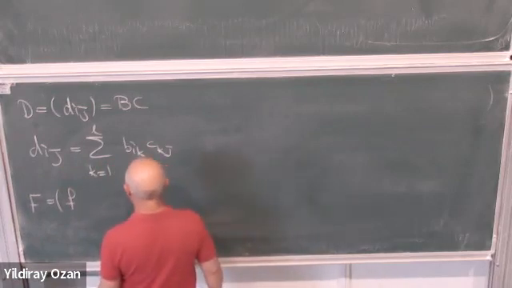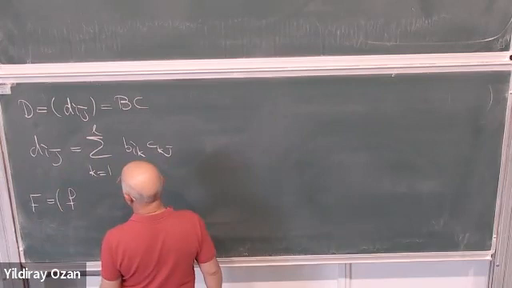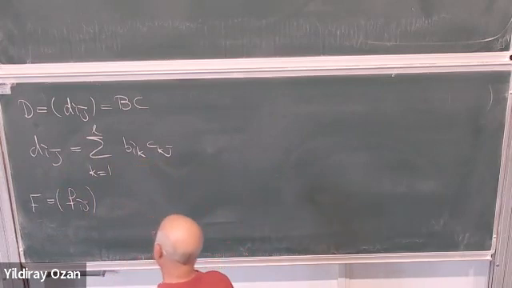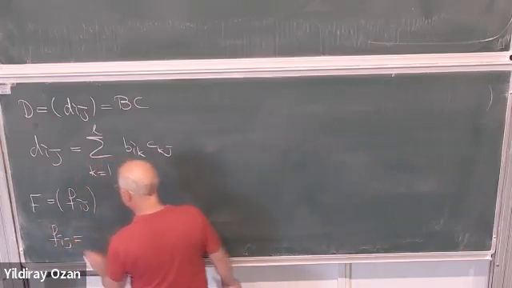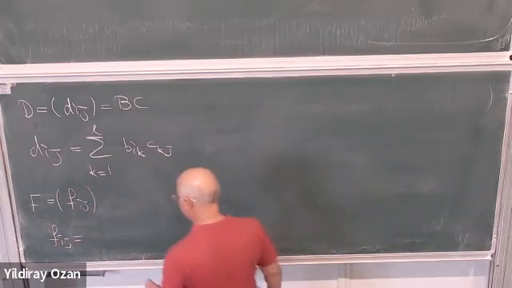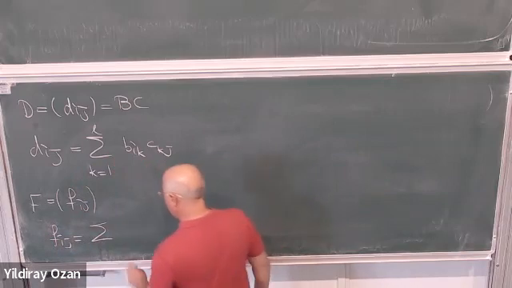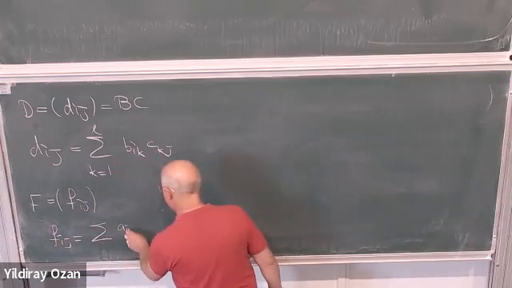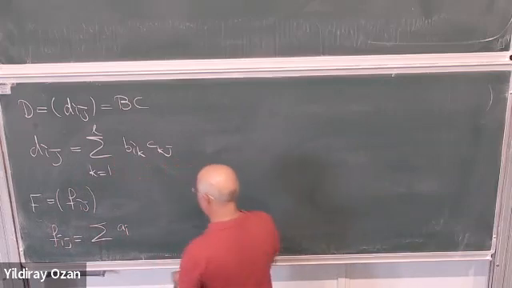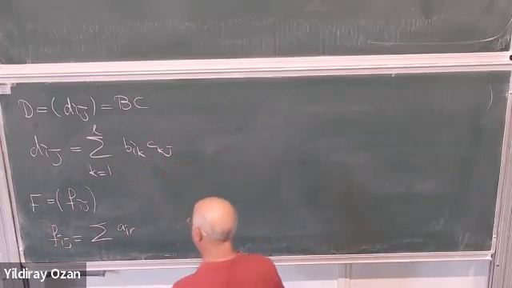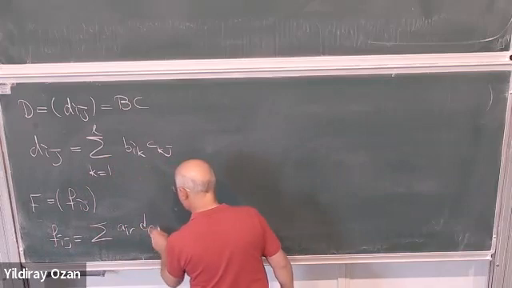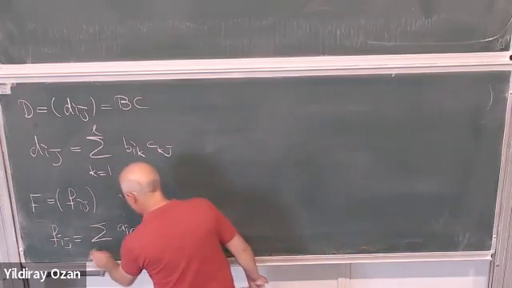Okay, so what is Fij? F is just A times D, so Fij is the sum of Air and Drj, and r is from where to where?